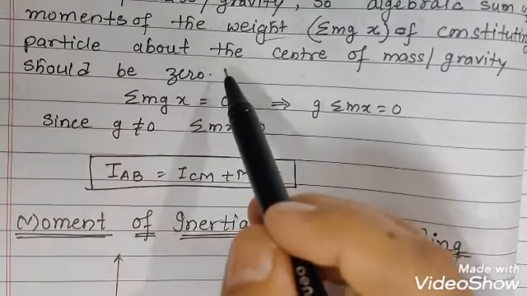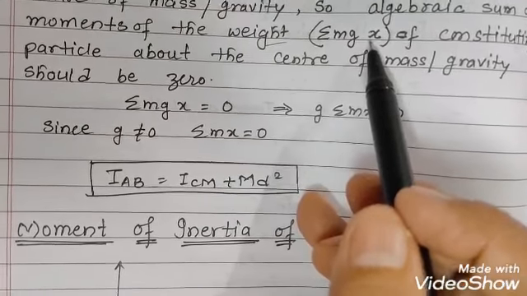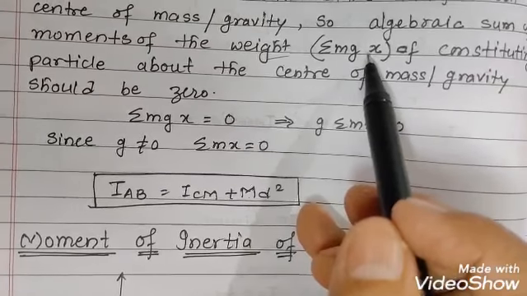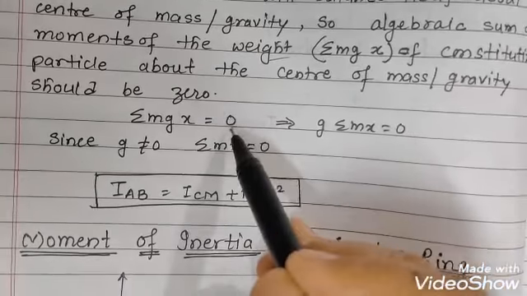Whatever positive x we take, that much negative also comes, and they cancel each other, so summation mgx will be 0.